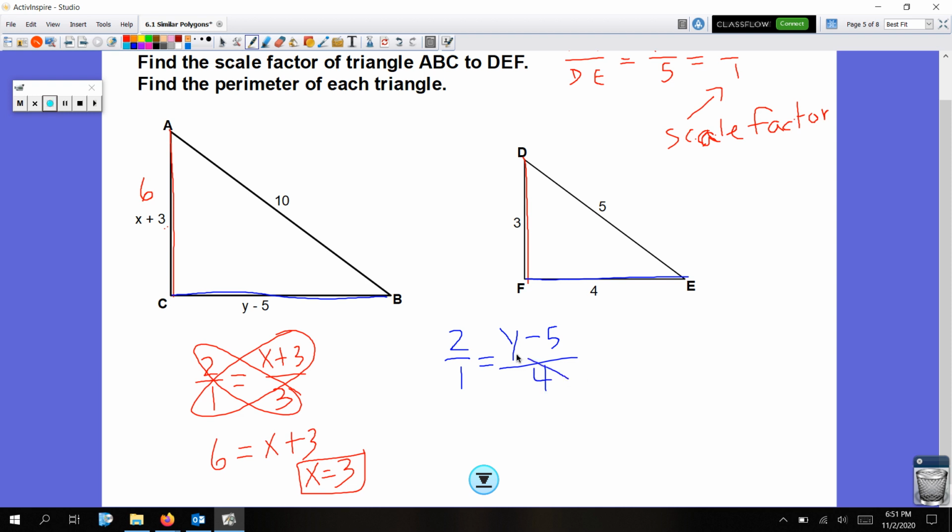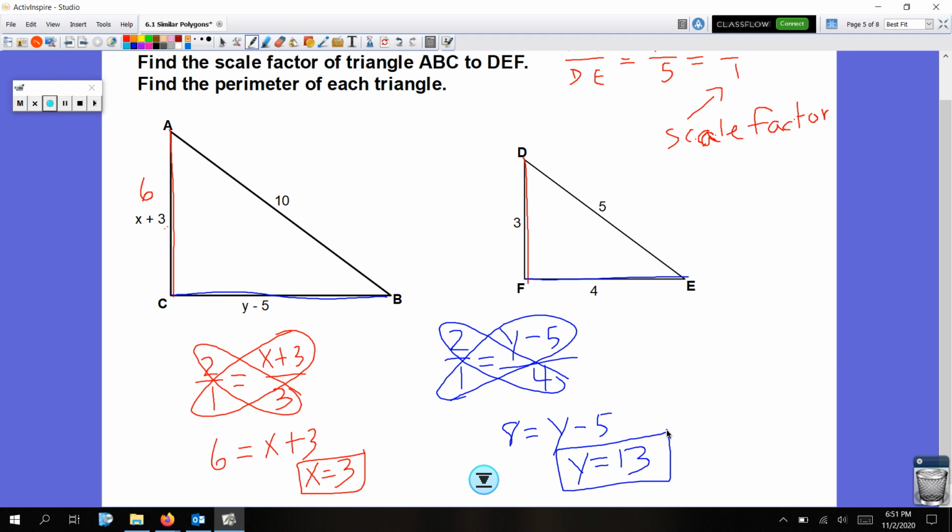We're going to cross multiply again. And we get 8 is equal to Y minus 5. When I add 5 to both sides, I get Y is equal to 13. Okay, if I plug in 13 here, I get 8.